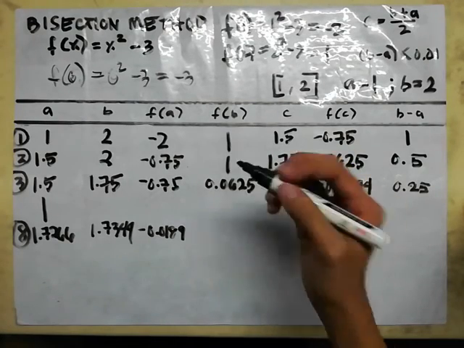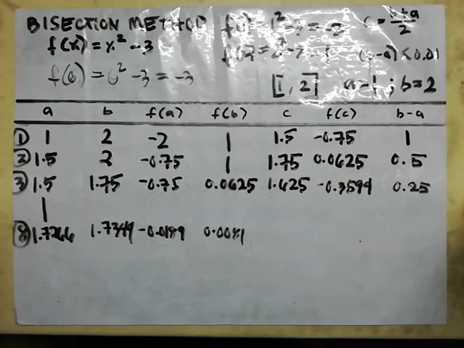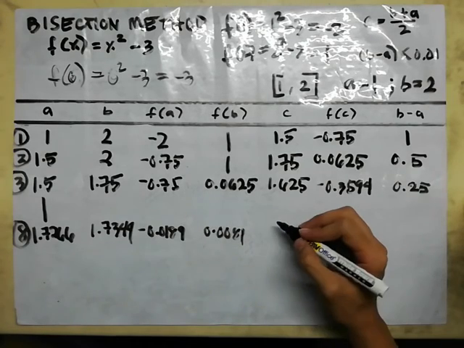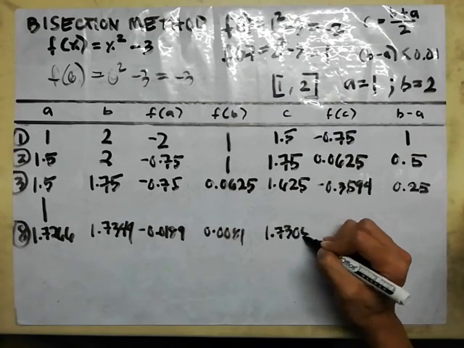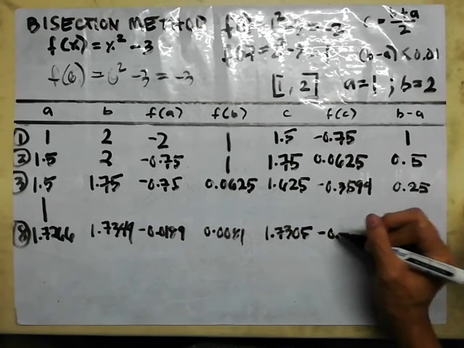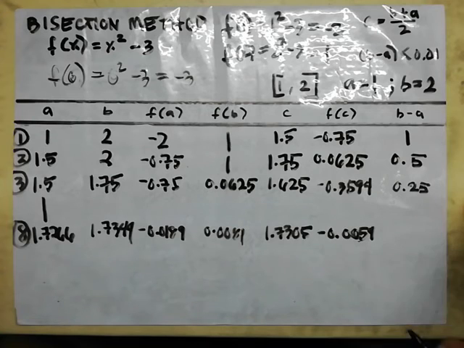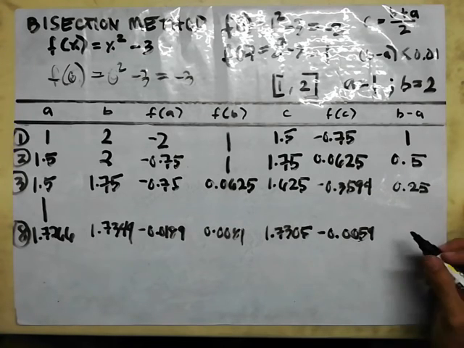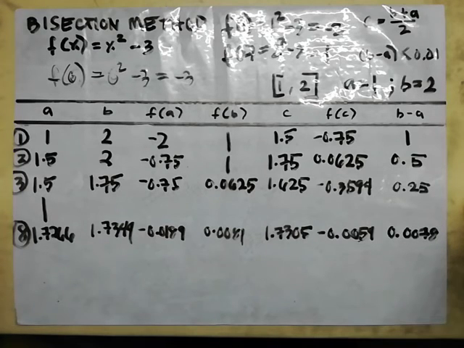The function of b is 0.0081. For the value of c, we have 1.7305. For the function of c, we have negative 0.0054. And for b minus a, we have 0.0078.